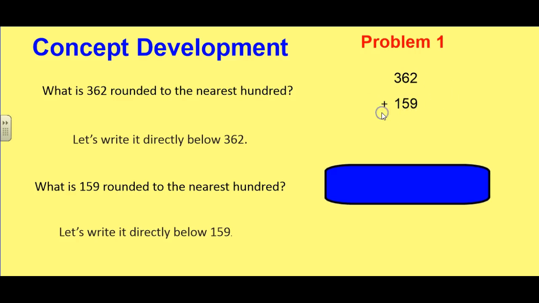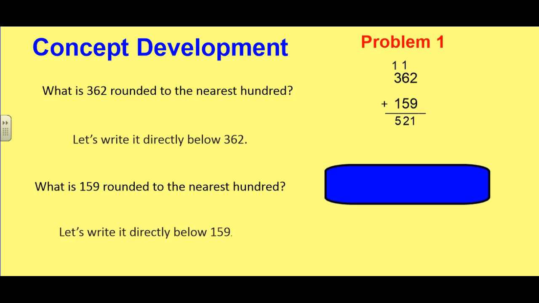Then we're going to round and see what is the closest estimate to the actual answer. So go ahead and add 362 plus 159 on your paper, and once you have that answer, you can push play to see if you are correct.